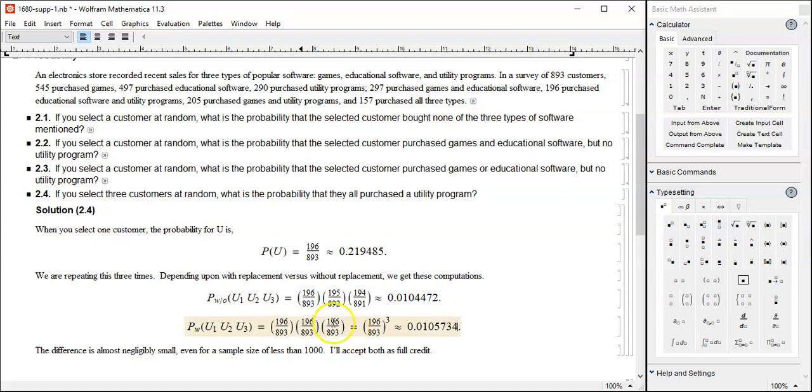Meaning, out of 893 people, selecting one and dropping down to only 892, that makes very little difference. So if you have a sample of 1,000 or more, with replacement or without replacement, that'll hardly make any difference.